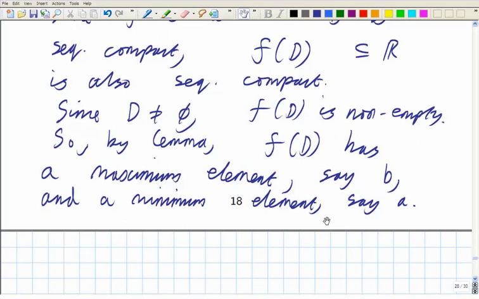Now, a and b are in the image, f of D. That means that they are values taken by the function f. So there is some point Q in D, so that f of Q is little b.